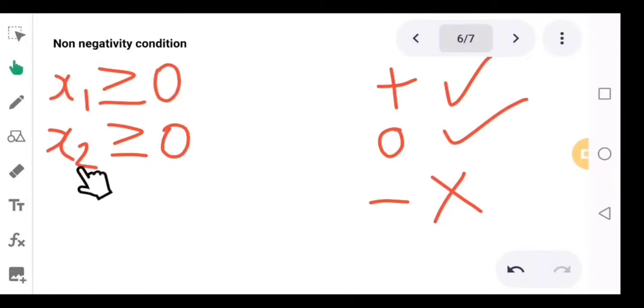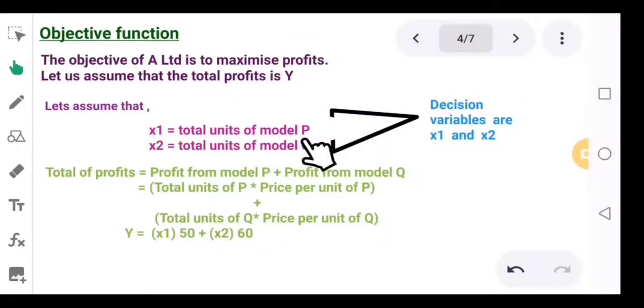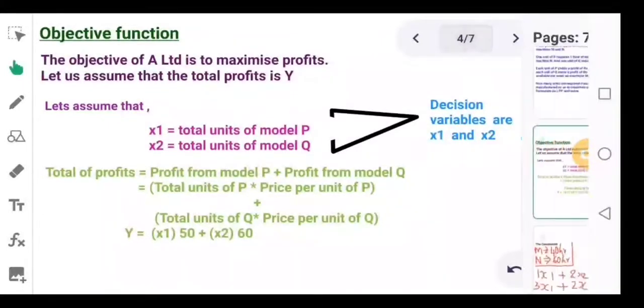Another way in which you can understand why they are saying this is, here x1 and x2 represent total units of model P and total units of model Q. Now, can that be negative? The number of units produced of P can be 0, that is no production. It can be 1, 2, 3, any positive number. But can you produce minus 5 pieces? That's not possible, right? That's why production is always going to be positive.